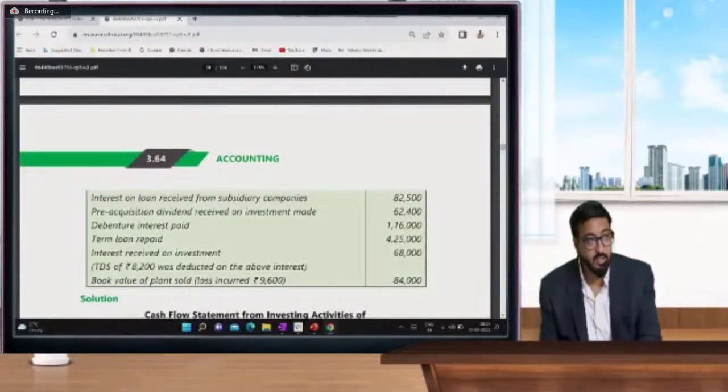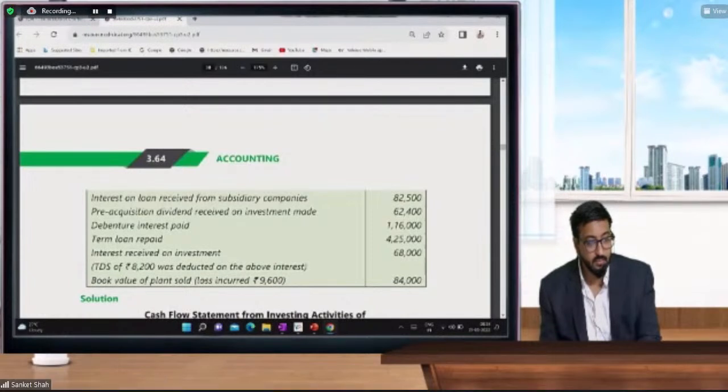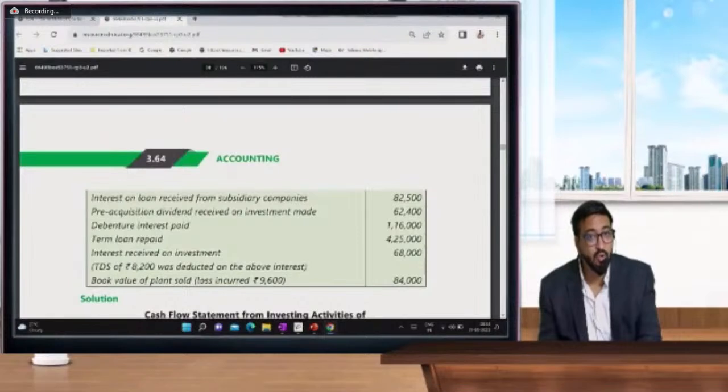Interest received is investing. Interest paid is financing. Term loan repaid. Liability side है financing.